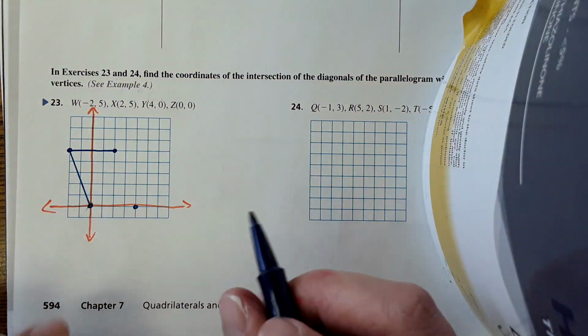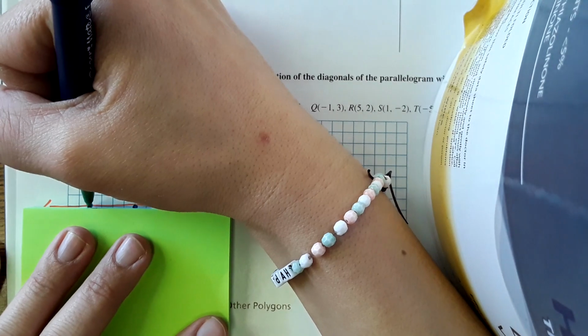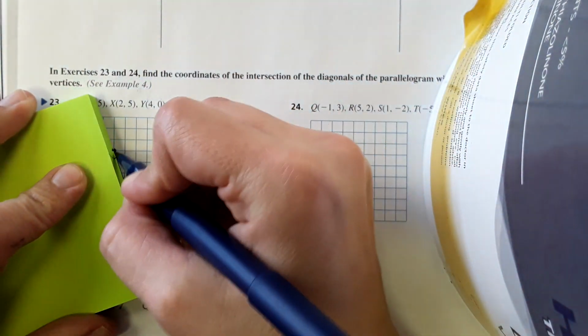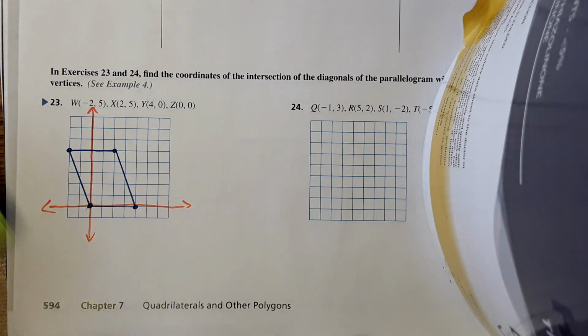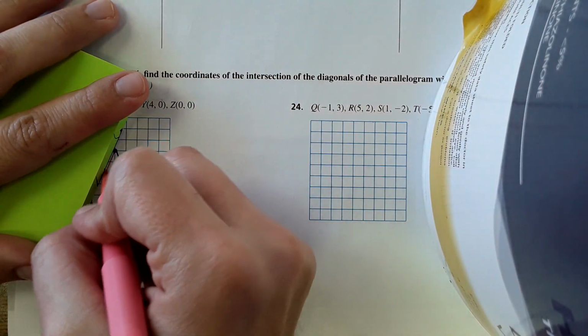My idea is I could just draw the diagonals and see where it intersects. So now I'm going to very precisely draw the diagonals and see if it lands on a specific point.